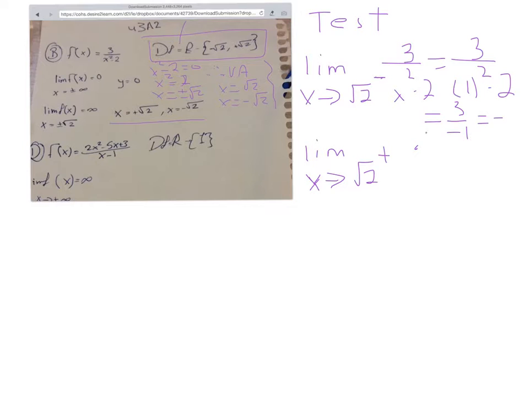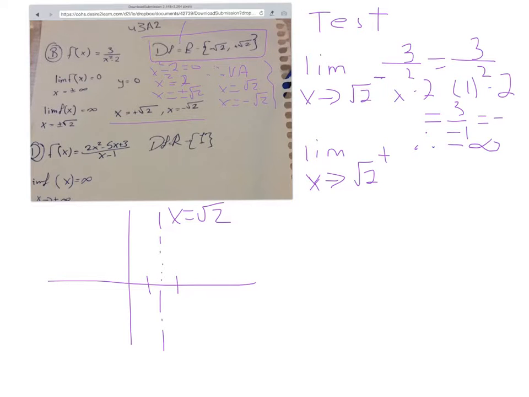That tells me that this graph is approaching negative infinity as it approaches the asymptote. So if we have a quick look at the graph, here's 1, here's 2. So our asymptote is approximately here at x equals root 2.